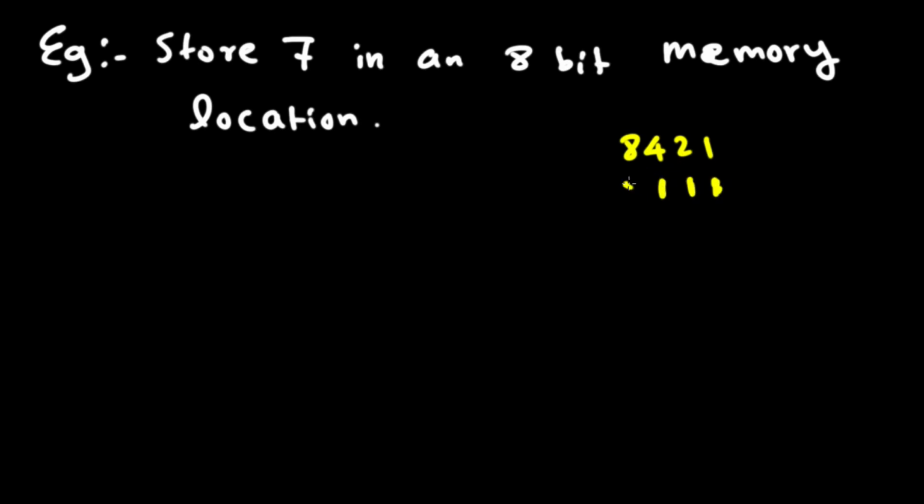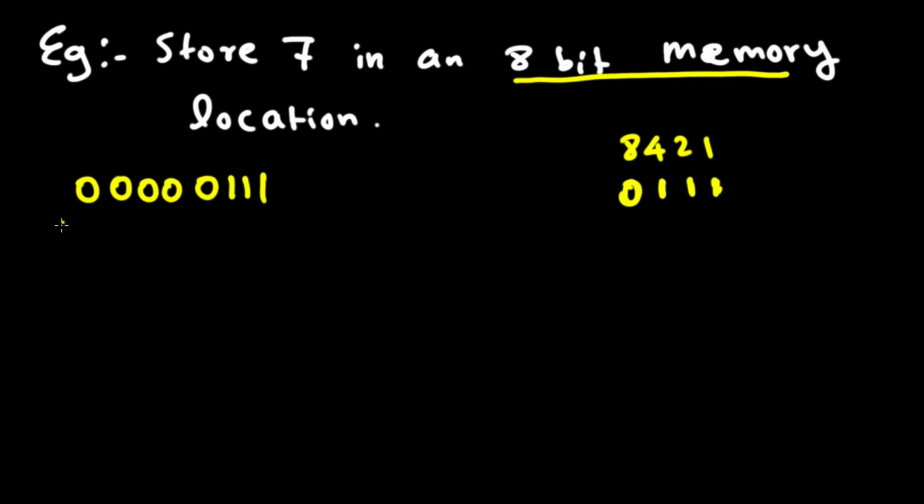That will make 7, and this is going to be 0. Here we have only 4 digits, but if you want to store this in an 8-bit memory location, we have to have 8 digits. So we add four 0s in front of this: 0 0 0 0, then 0 1 1 1. This is how we can store 7 in an 8-bit memory location.